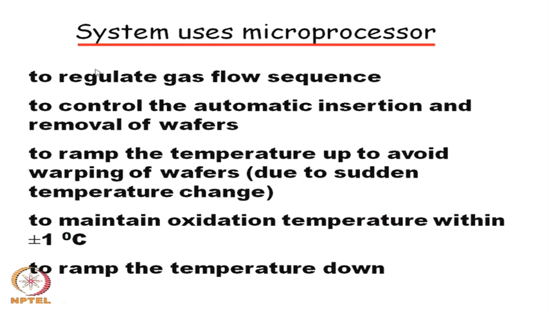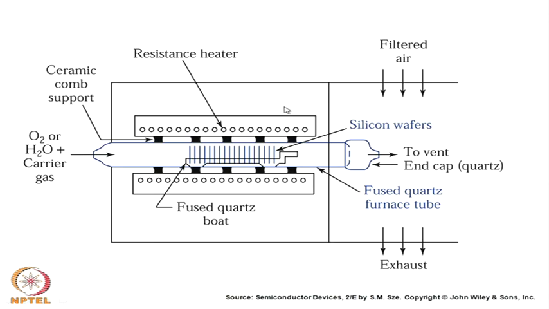And to regulate gas flow sequence, it can be oxygen or water vapor, but it must be carried over by the carrier gas, and what is the flow rate of the carrier gas, how long it will flow.